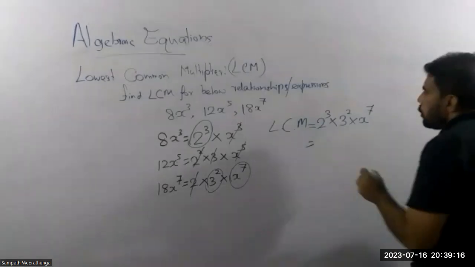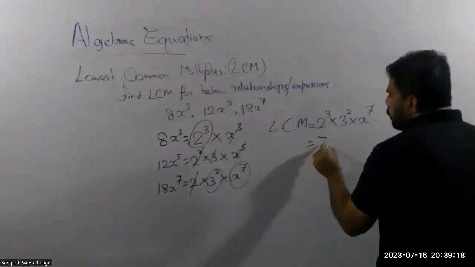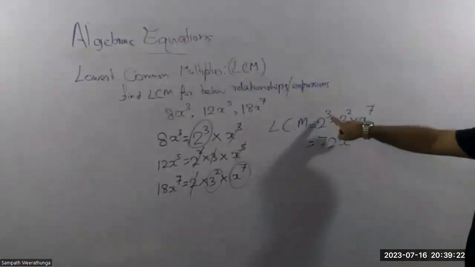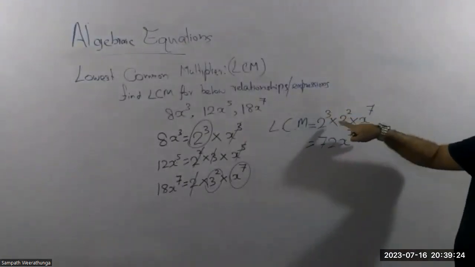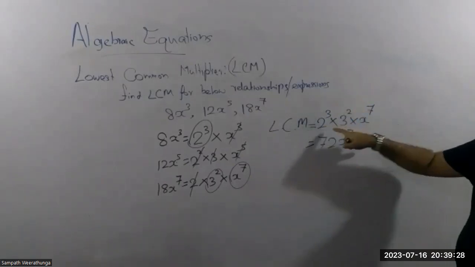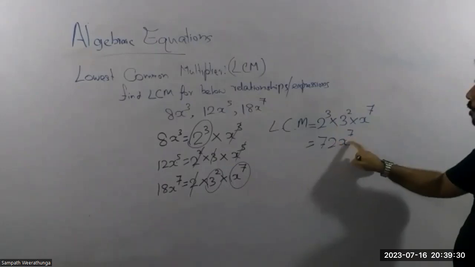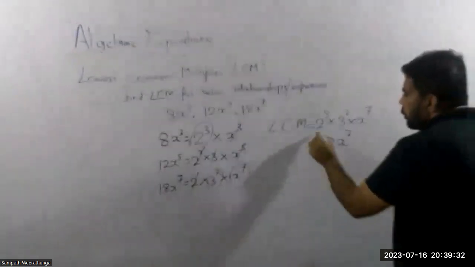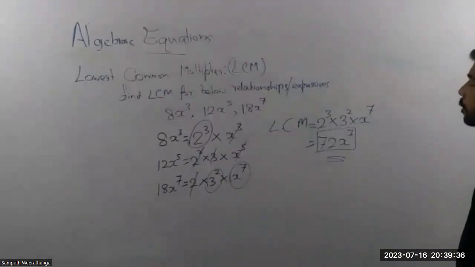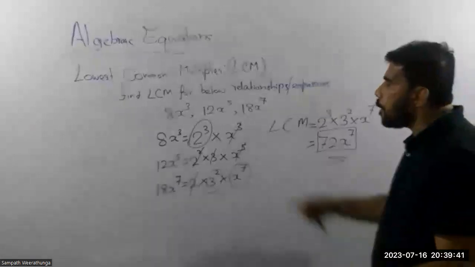So 72x^7 is the lowest common multiplier of these.